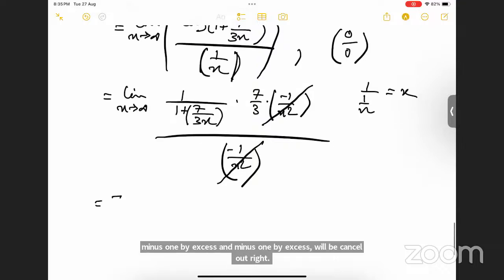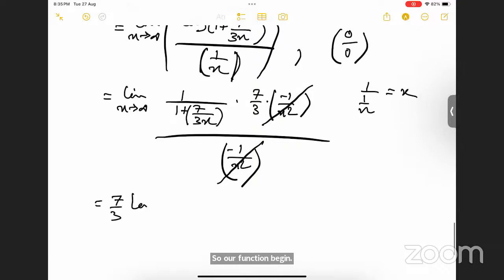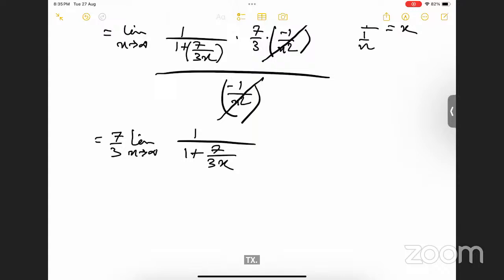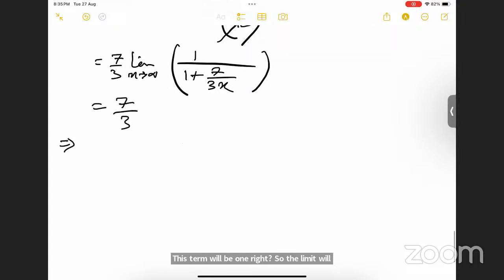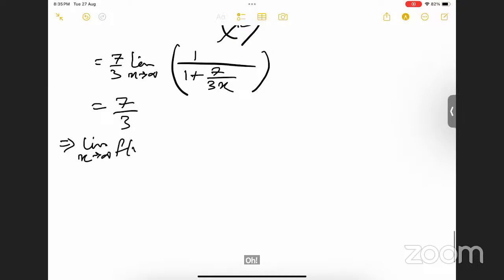So our function became 7 over 3 limit x extending to infinity 1 by 1 plus 7 by 3x. Okay. So we can directly put infinity instead of x, then this term will be 1, right? So the limit will be 7 by 3. Fine. So limit x extending to infinity f(x) will be e power 7 by 3.